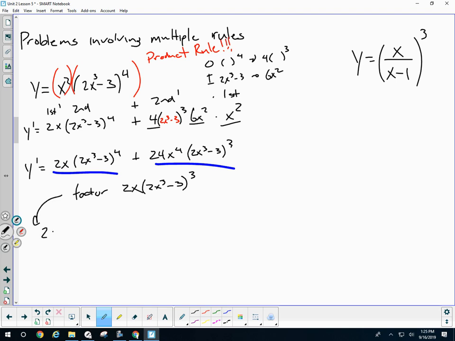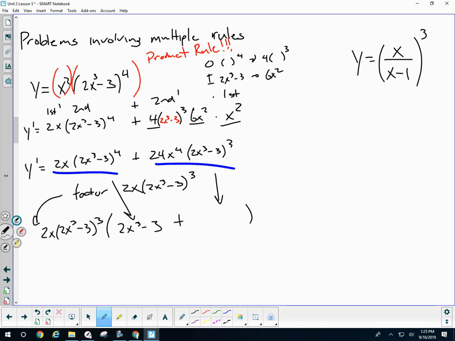I'm going to put it over here. The stuff that is left over ends up in here, separated by addition. Now, from my first term, I just have 1 2x cubed minus 3 left over. The 2x is gone, and 3 of these are gone, so just 1 2x cubed minus 3.